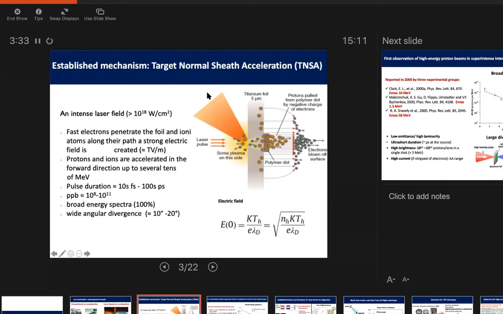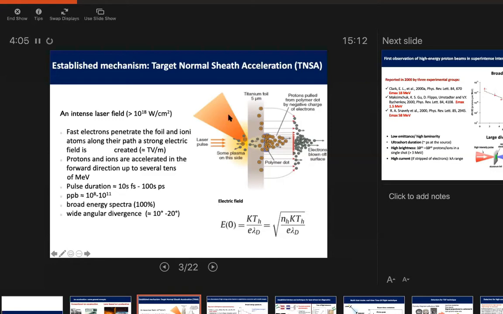Because according to the intensity and the characteristics of the laser, in terms of energy released in the target, pulse duration and intensity, you can have different mechanisms of acceleration. This one is the one that is most studied from the experimental and theoretical point of view, and it is dominating for intensity higher than 10 to the 18 watts per centimeter squared.